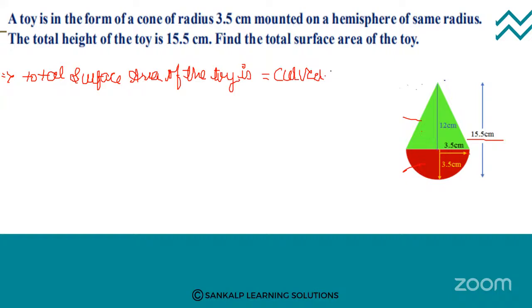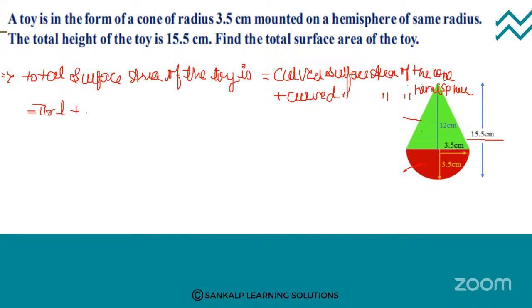Now, the formula for curved surface area of the cone is pi R L, plus curved surface area of the hemisphere is 2 pi R squared, right?